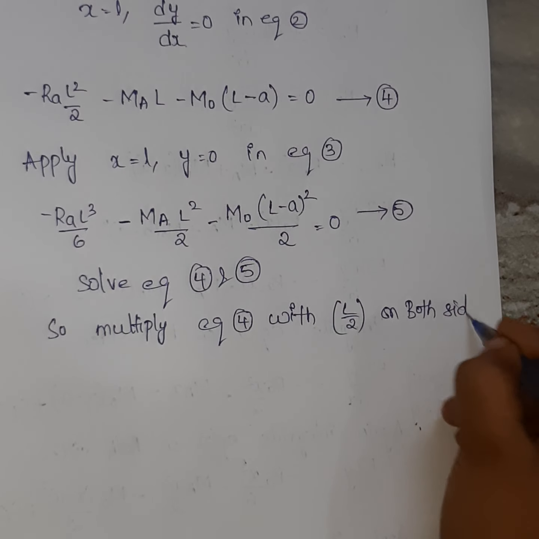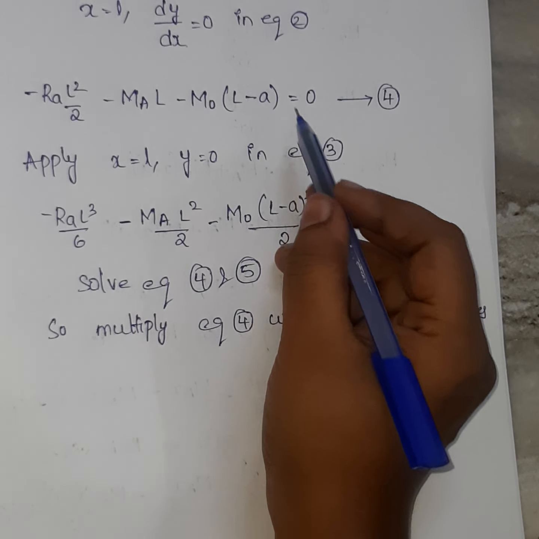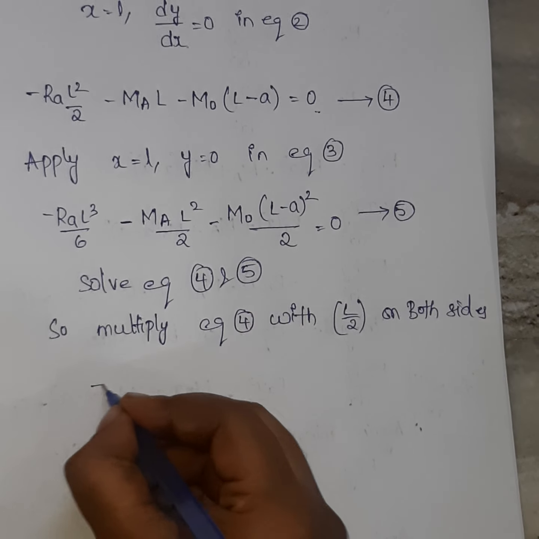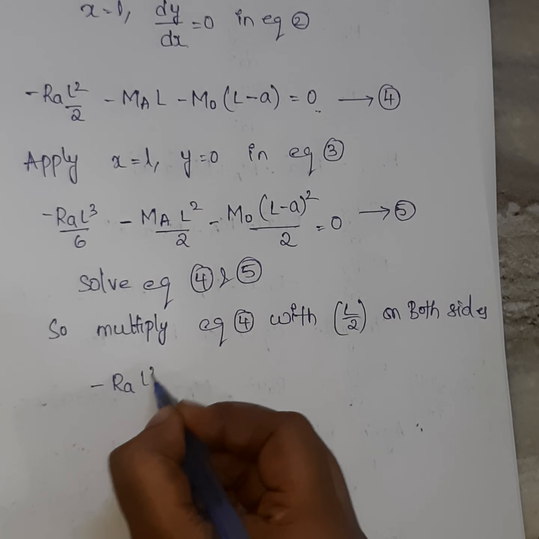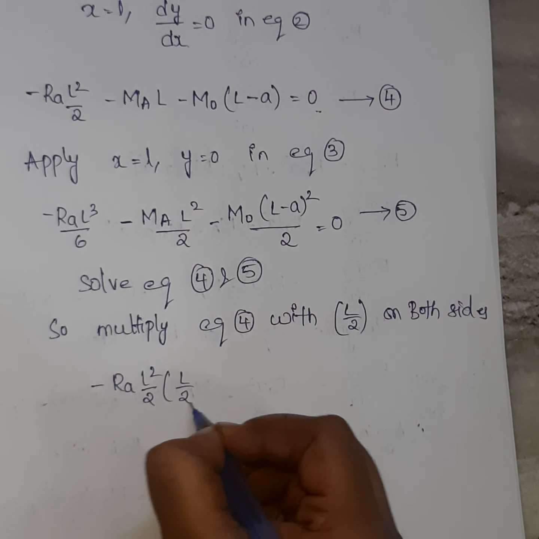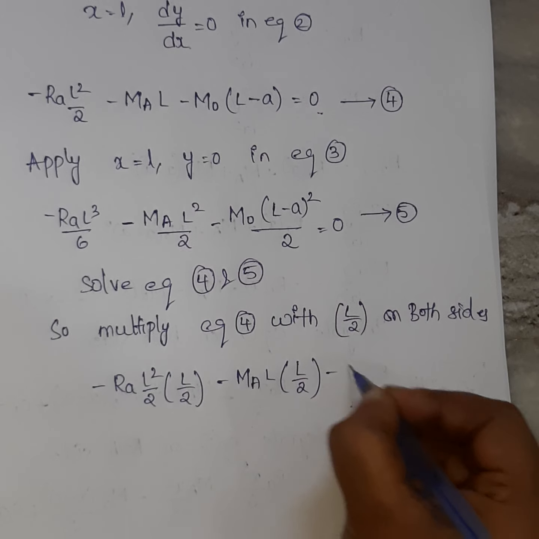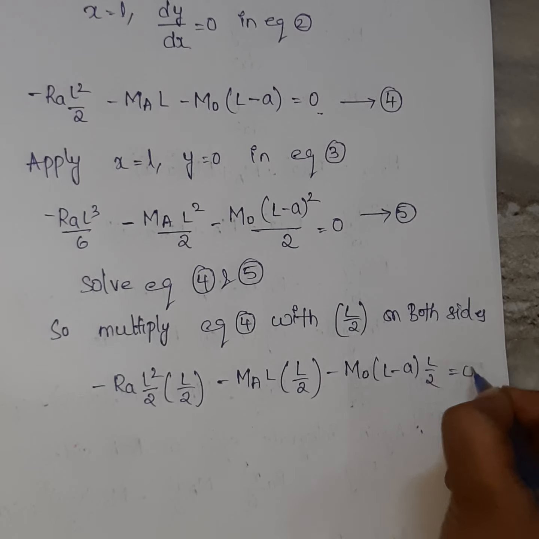If I multiply this equation with L by 2, then L by 2 into 0 is 0, and the equation will come like this: minus RA L square by 2 into L by 2 minus MA L into L by 2 minus M naught into L minus A into L by 2 is equal to 0.